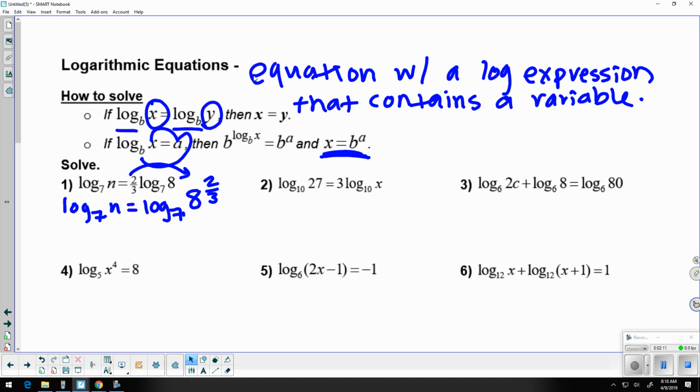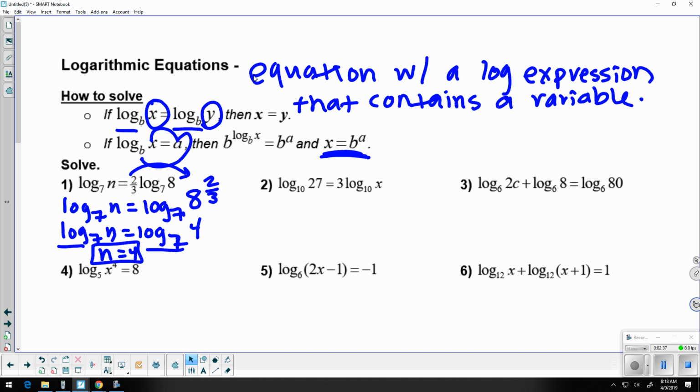If you calculate that, you have log base 7 of n equals log base 7 of 4. Since I have the same log with the same base on both sides, you drop the logs altogether, set n equal to 4, and that's your solution, n equals 4.